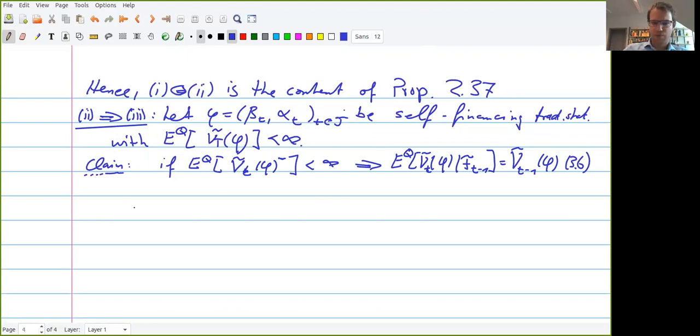So first we want to prove this, and then we want to follow the martingale property. How do we proceed? First observation is that everything is well defined, as this is integrable, so that's alpha tilde here.